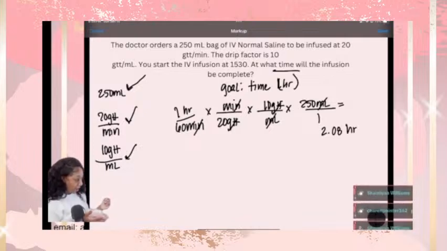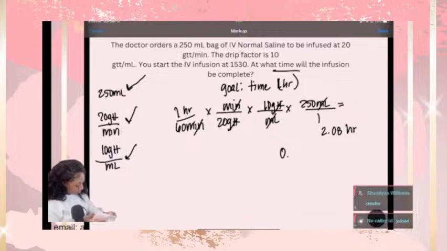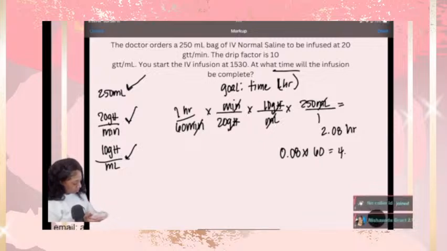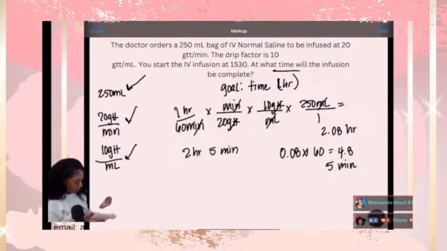So now we're going to take everything behind the decimal and multiply it times 60. So 0.08 times 60 is going to be 4.8 minutes. We can round that to 5 minutes, right? So 2 hours and 5 minutes is when this will be completed.